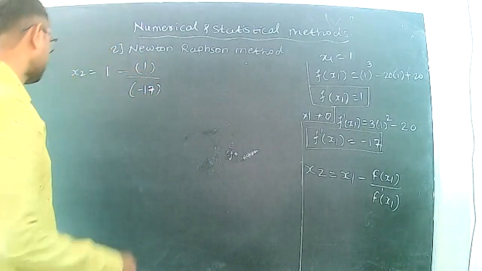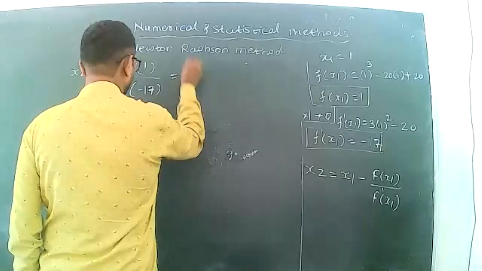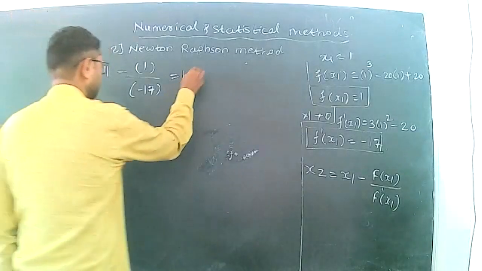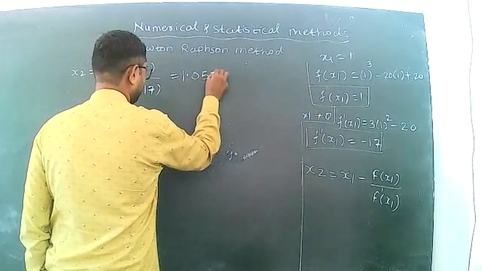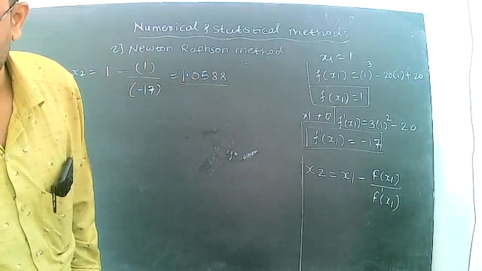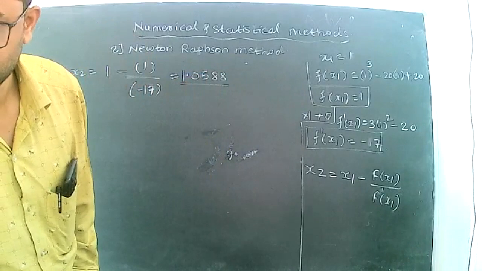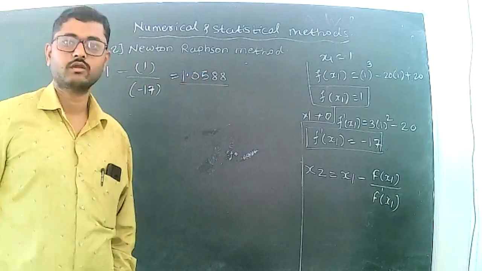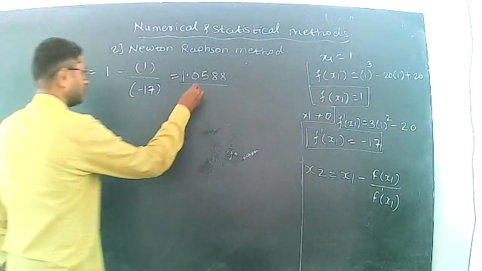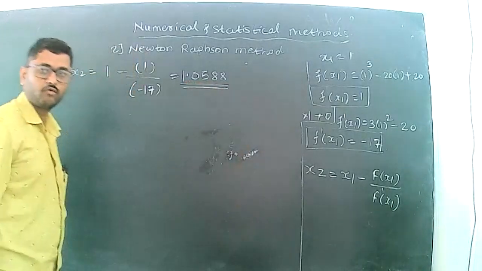By calculation, x2 is equal to 1.0588. This is the first root of the equation.